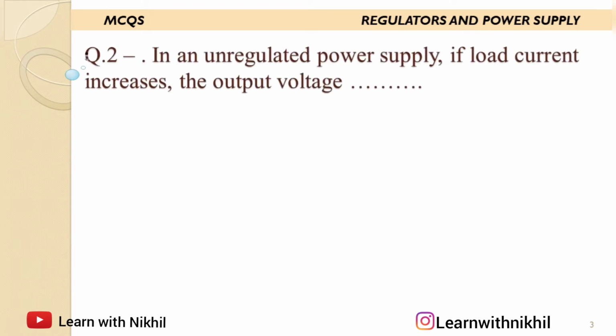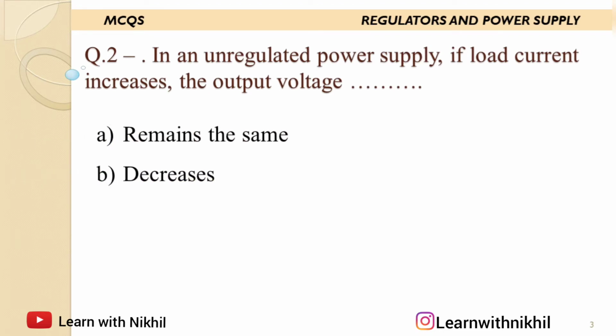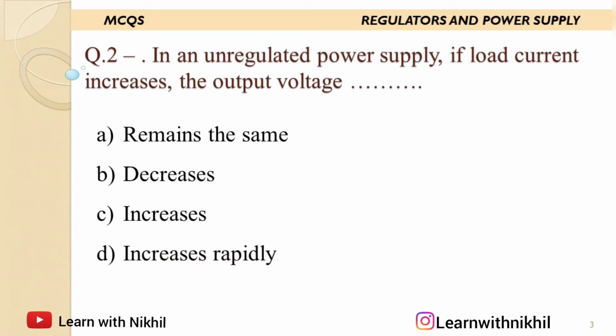Next question: in an unregulated power supply, if load current increases, the output voltage dash A remains the same, B decreases, C increases, or D increases rapidly. So here the question says, if the load is nothing but the output connected.